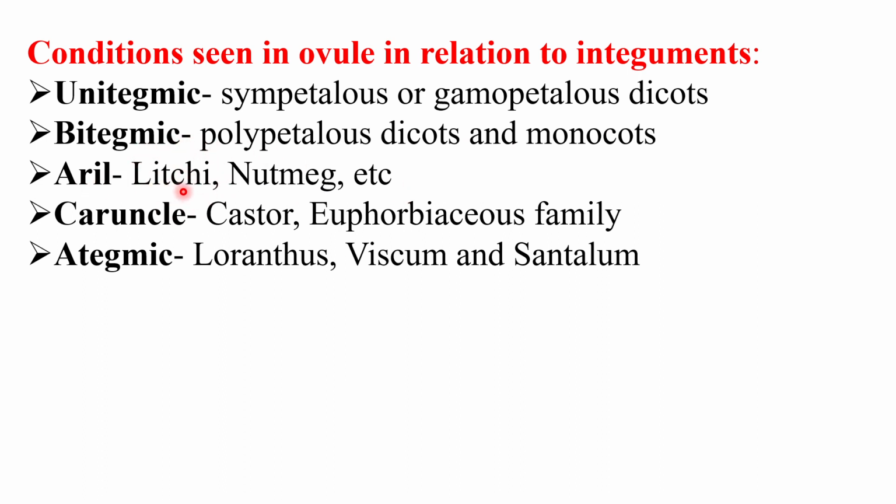An aril is found in lychee, and a caruncle is found in castor, in the Euphorbiaceae family. This is also important. And ategmic means no integument is found. This is found in Loranthus, Viscum and Santalum. This is all about the ovule, its structure, and how the different types of integuments are found.